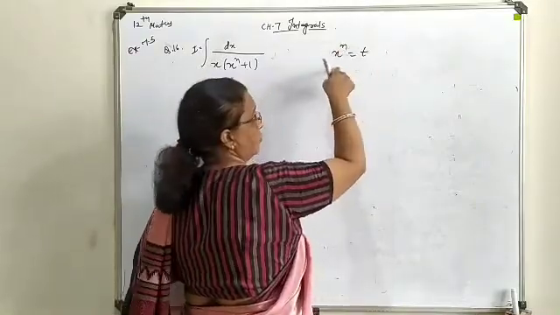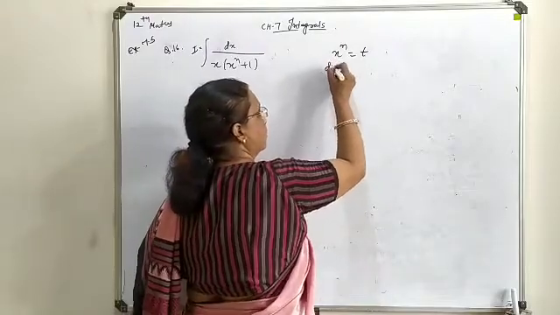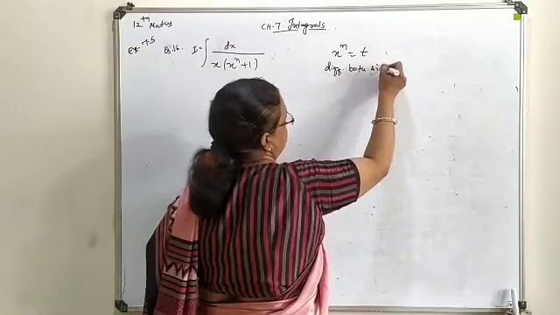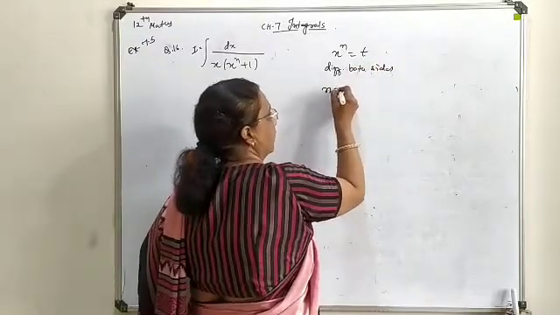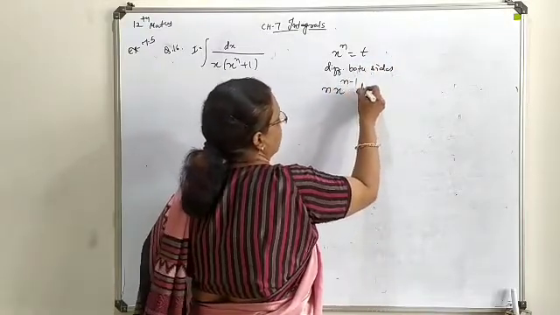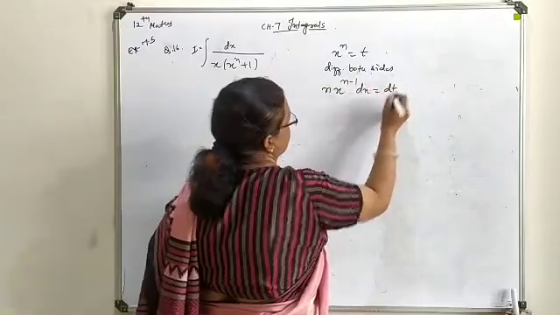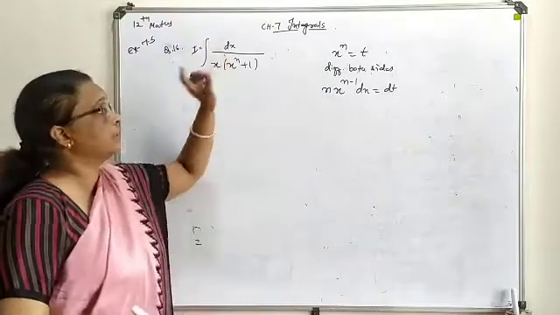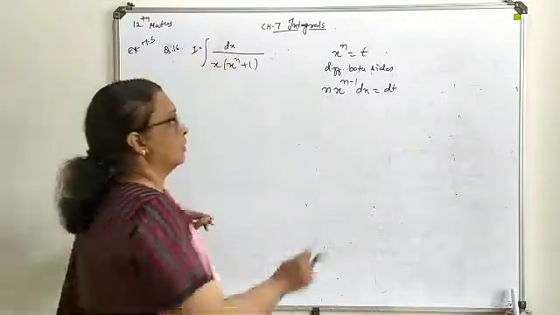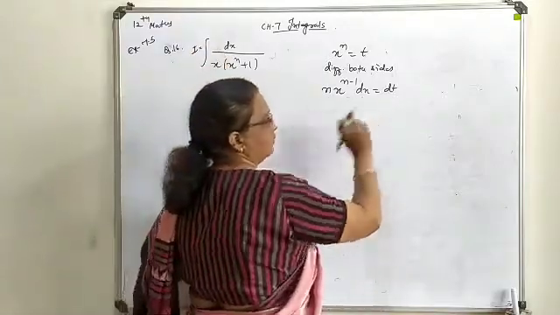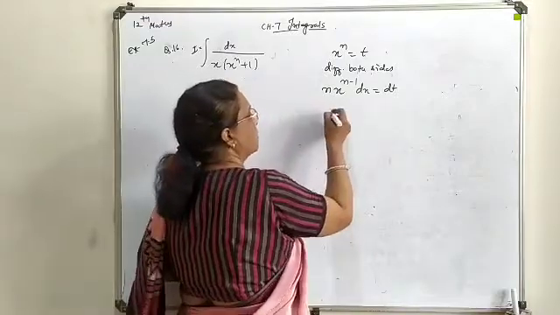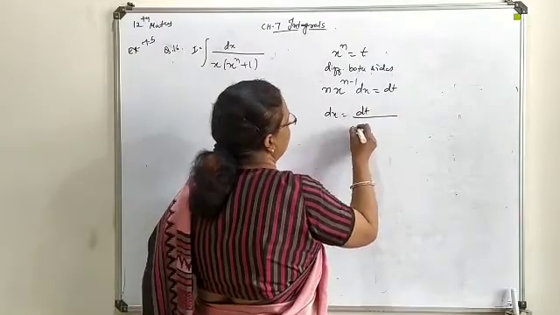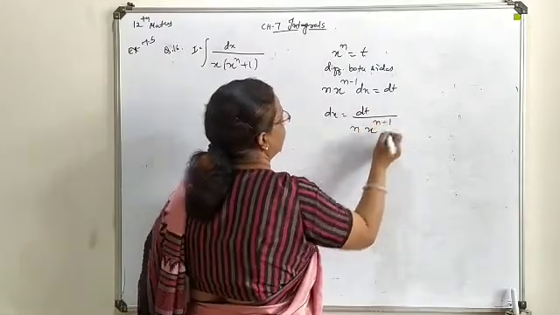Here dt is to be found out, so differentiate both sides: n x power n minus 1 dx is equal to dt. Here you can see the numerator is containing 1 only. So except dx all the terms we have to keep under the dt. So this will be your dx equals dt upon n x power n minus 1.